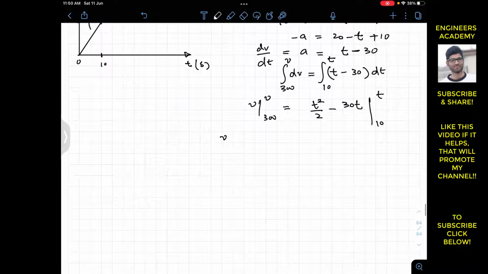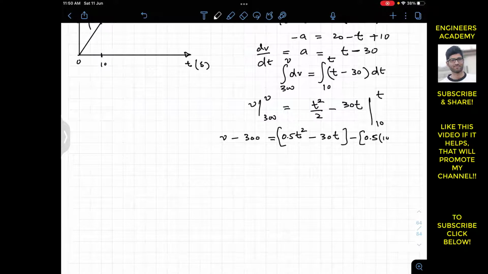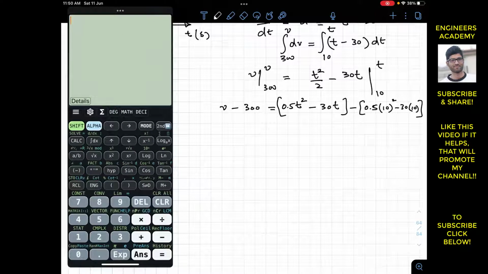So now if we put these limits, this will be v minus 300 equals 1 divided by 2 t square, which is 0.5 t square, minus 30t, and then we have to put in the lower limit 10, so minus 1 divided by 2 t square, that is 0.5 into 10 square minus 30 into 10. So let's find this constant. This is 0.5 into 10 square minus 30 into 10.